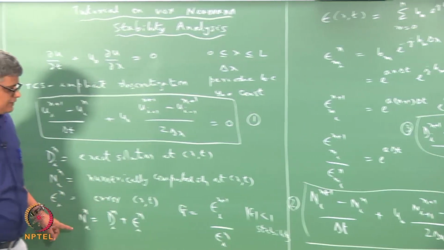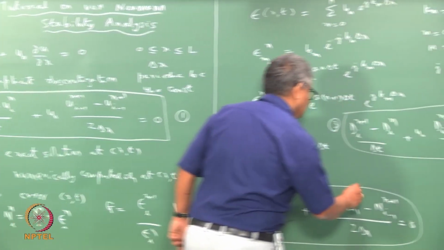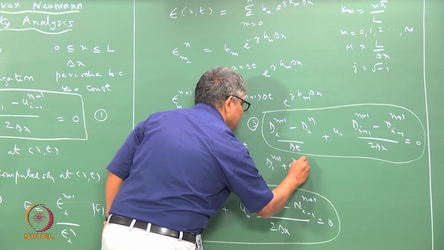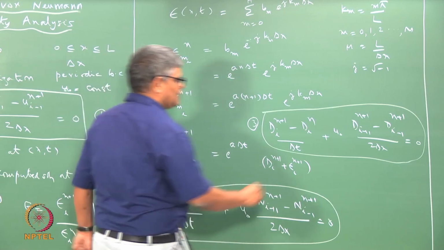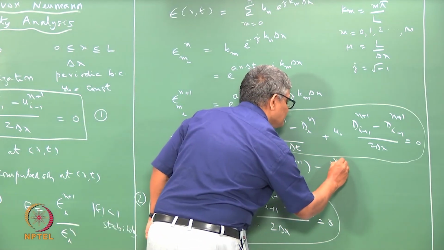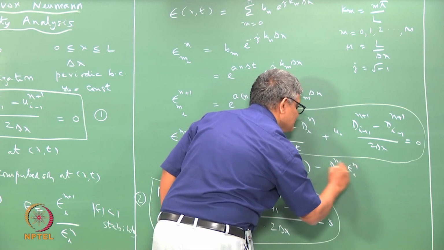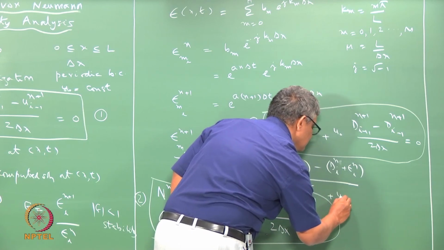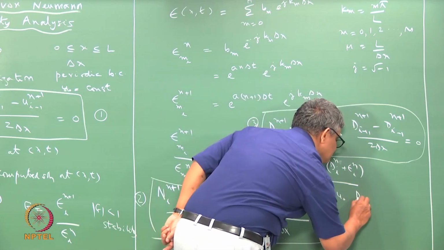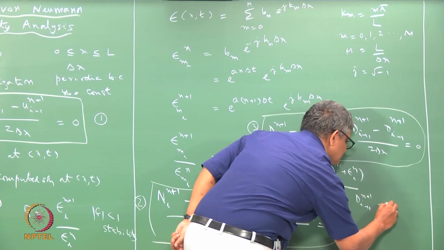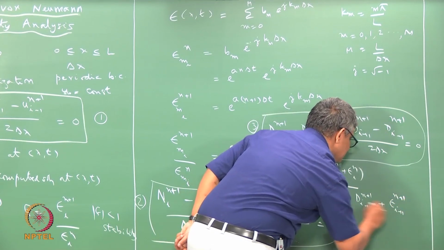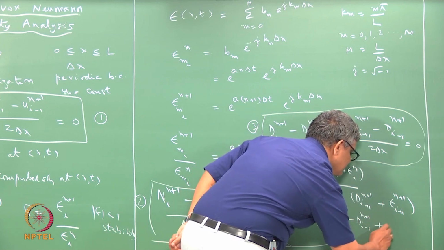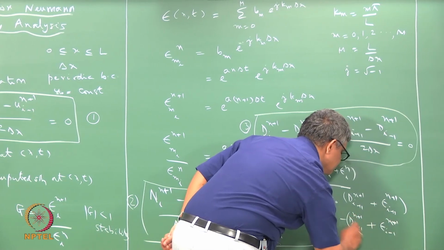And we also have this expression, and we can substitute this here, and then we can get a fourth expression, which is Di n plus 1 plus epsilon i n plus 1, this quantity minus Di n plus epsilon i n, this whole thing divided by delta t, plus u naught times Di plus 1 n plus 1 plus epsilon i plus 1 n plus 1 minus Di minus 1 n plus 1 plus epsilon i minus 1 n plus 1, this whole thing.